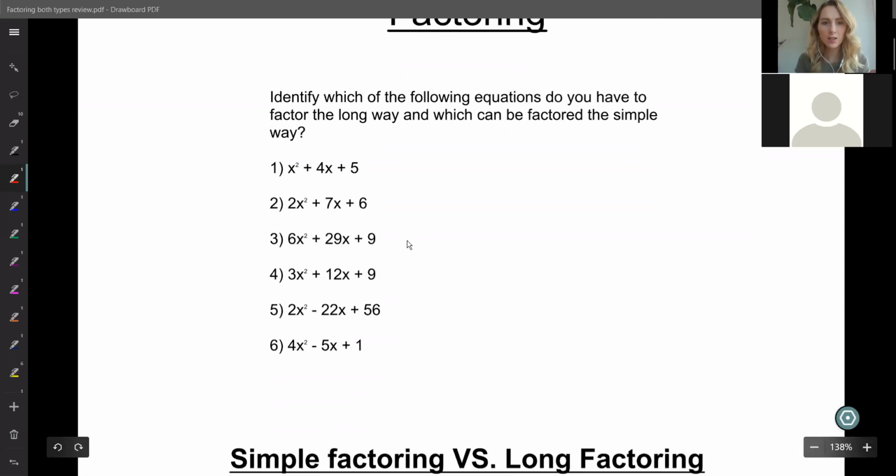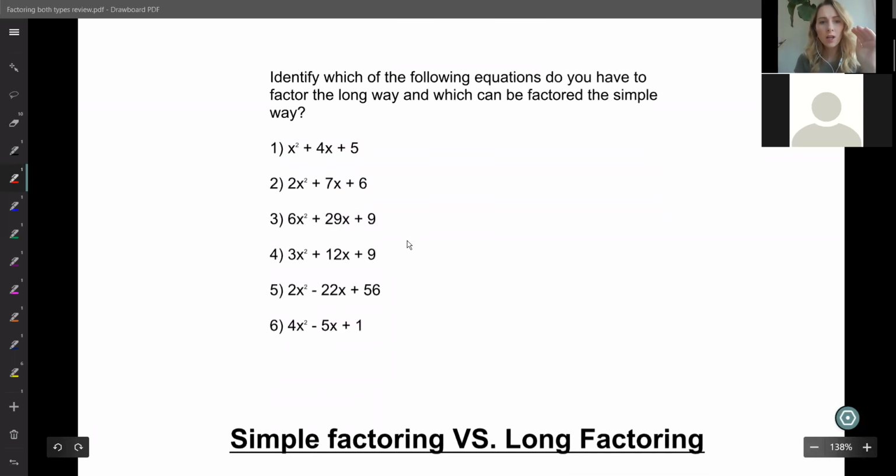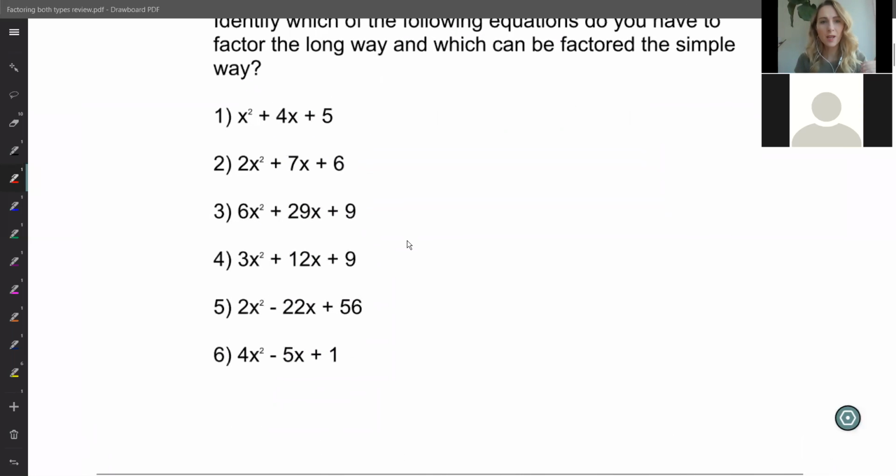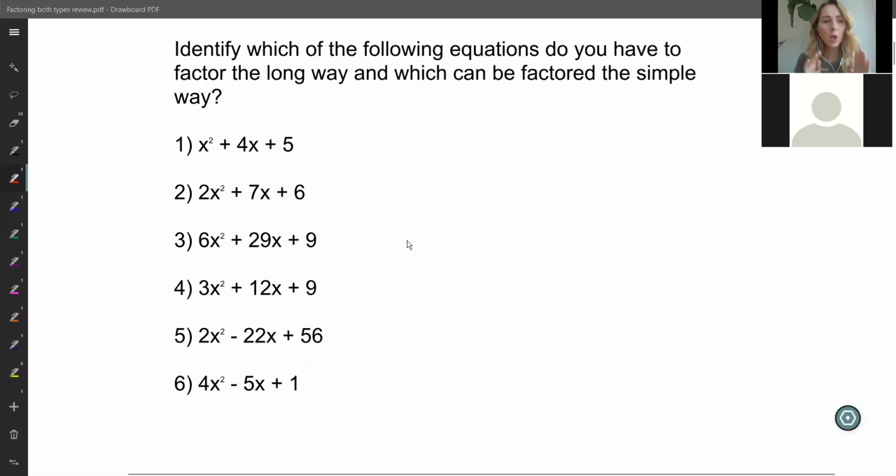So I'm going to ask you quickly here to do a little assessment of the quadratics that are here. Which ones would have to be common factored? And which ones would have to be factored with easy trinomial factoring, or can be common factored to give us easy trinomial factoring? And which of them have to be factored using hard trinomial factoring, the one where we split the center term apart and do grouping?